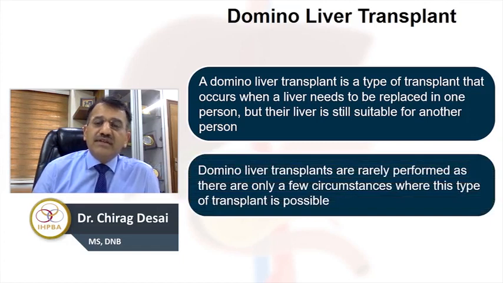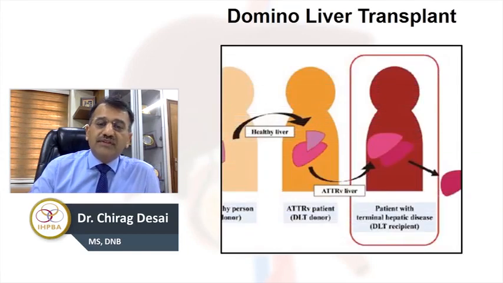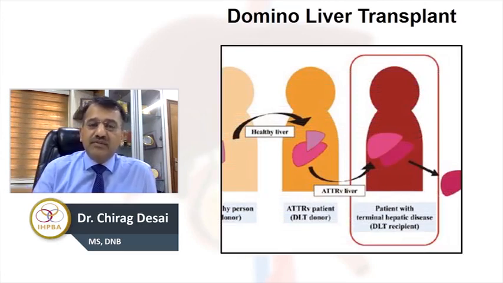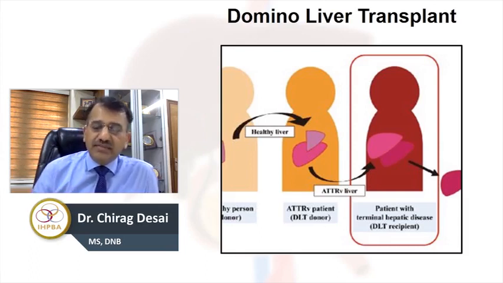Domino liver transplants are rarely performed, but they provide a good option to increase the number of livers for transplant. So a person with, say for example, amyloidosis receives a healthy liver, but this person with amyloidosis gives his liver to another slightly older recipient who would have a good effect of this liver in his body.